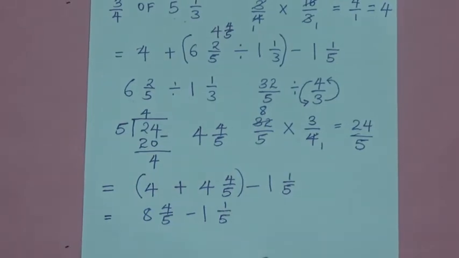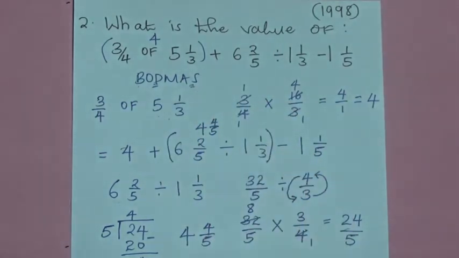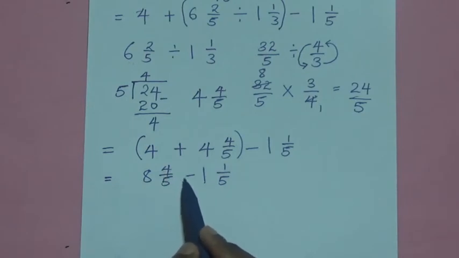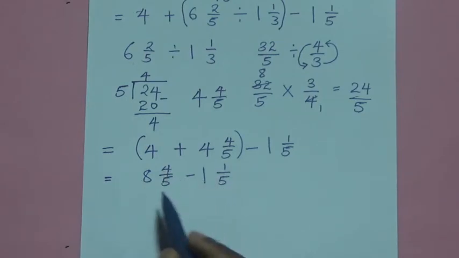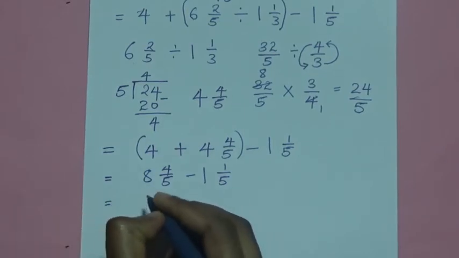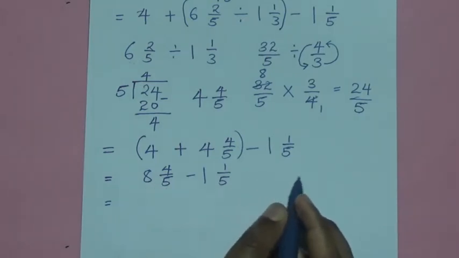Now, we are only left with subtraction. So you have 8 and 4 over 5, you subtract 1 and 1 over 5. You have two mixed fractions. How do you go about this one? You subtract the whole numbers first, and then you subtract the fractions.